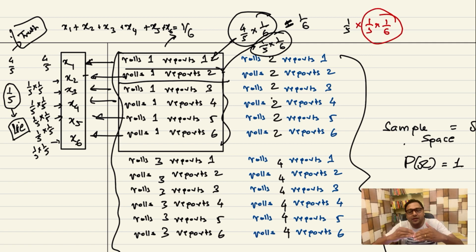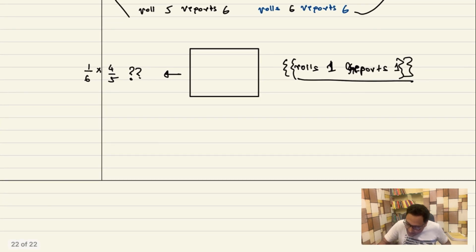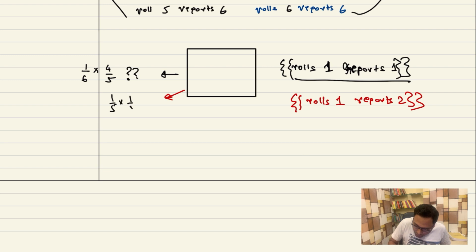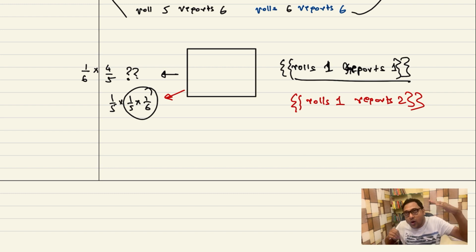So if the input rolls 1 and reports 2, the output is 1/5 of 1/5 of 1/6. Together the 5 of them add up to 1/5 of 1/6.